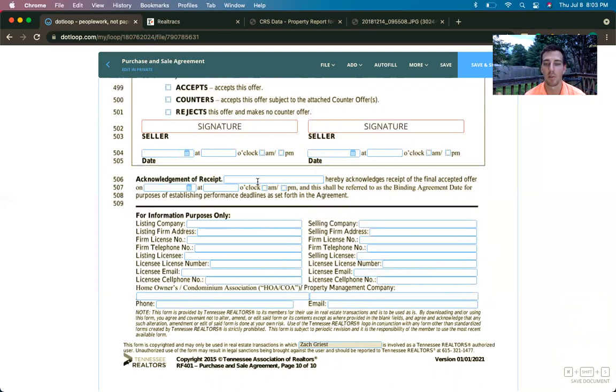Usually I'll send it over to the other side and I'll say, hey, I just wanted to confirm today's date. I'll list the date as the binding agreement date. And I will have the other agent email me back to say, yes, that is the date, and fill out this section as well. So that way you have 2 forms to prove, hey, here's the binding agreement date. That way everybody knows the timelines and there's no discrepancies later on.